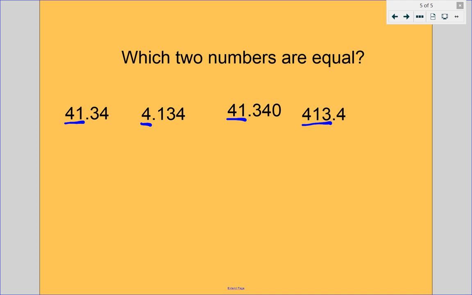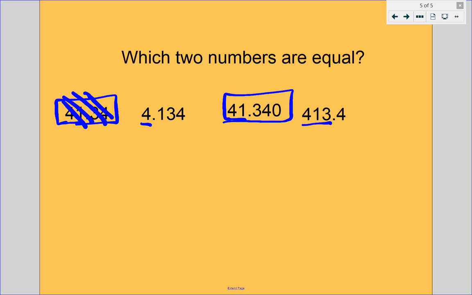I don't have to look any further because I only have two numbers that have the same amount before the decimal point, and that's those two. Now, if I were going to order them from least to greatest, my problem would be that these two are equal to each other, so I would have to have them in the same spot. But let's just take one out. Let's take this one out.